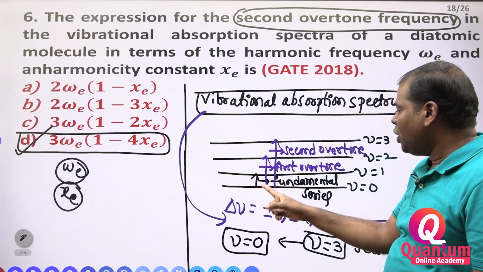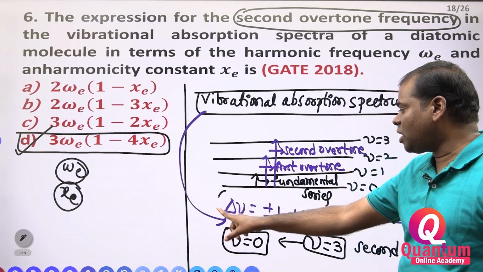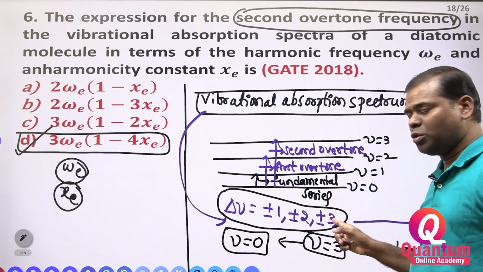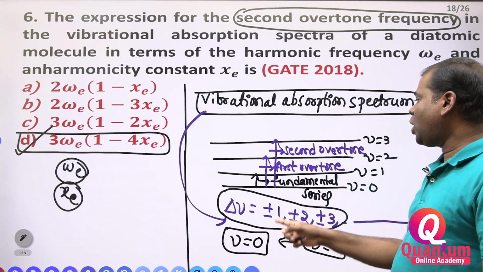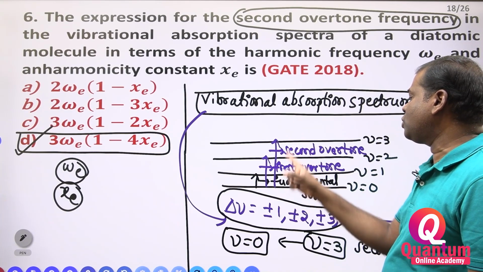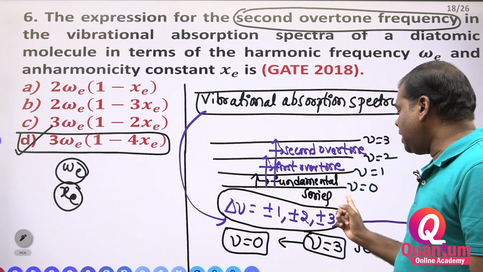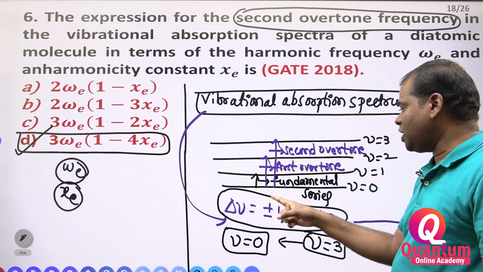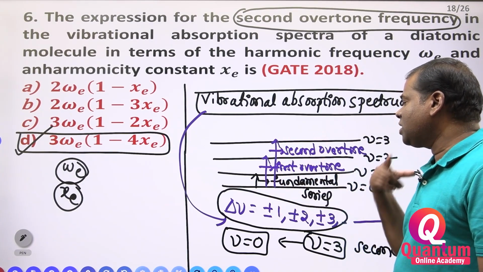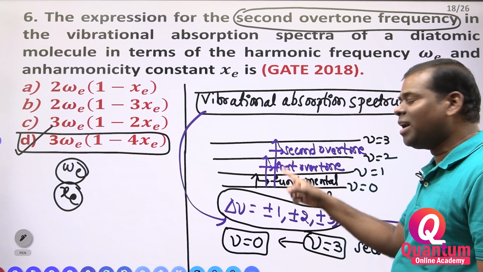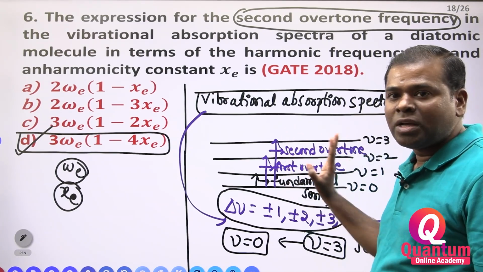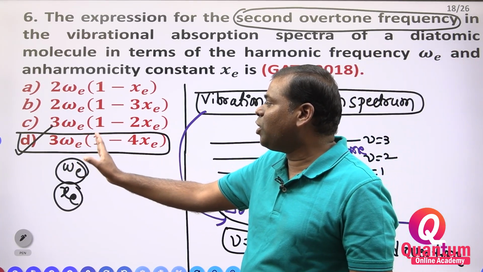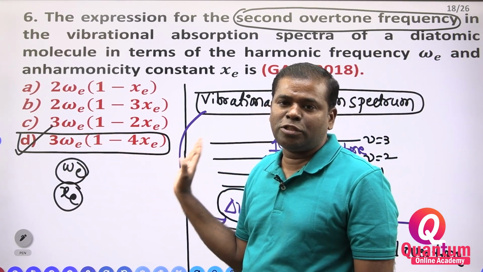You have to take the selection rules, plus or minus 1, plus or minus 2, plus or minus 3. According to the selection rules, we take the transition. The fundamental series belongs to 0 to 1, the first overtone to 0 to 2, the second overtone to 0 to 3. Clear? From this, we calculate the result 3 omega e into 1 minus 4 xe.